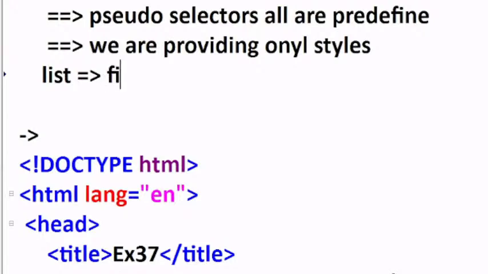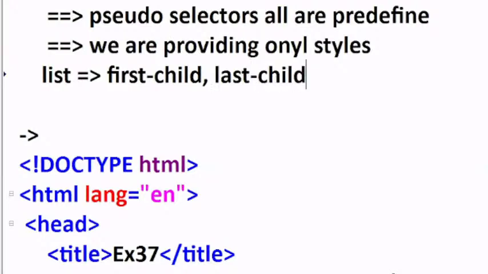One is first-child, the name of a pseudo selector. Next one is last-child, one more selector name. Next is nth-child, another selector name. First-child, last-child, nth-child. And one more is hover, actually we pronounce it hover.